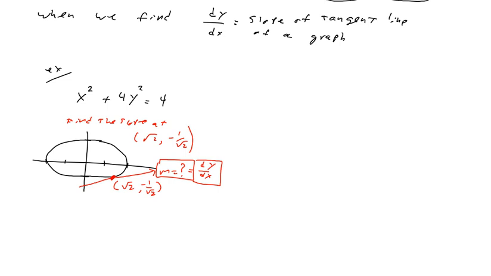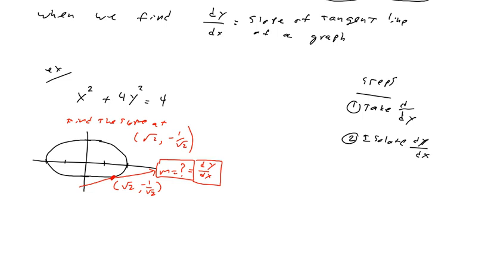So with these implicit equations, we're doing the same thing we've done before. We're finding slopes of tangent lines. We're finding equations of tangent lines. It's just now we have to do the derivative implicitly. We have to find and isolate this dy dx. So your steps: 1, take the derivative, take d/dx of the equation. 2, isolate dy dx.